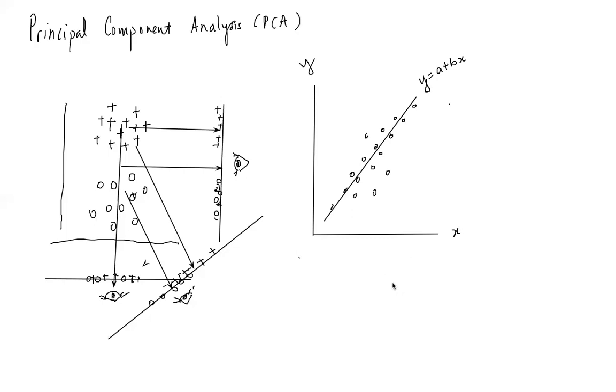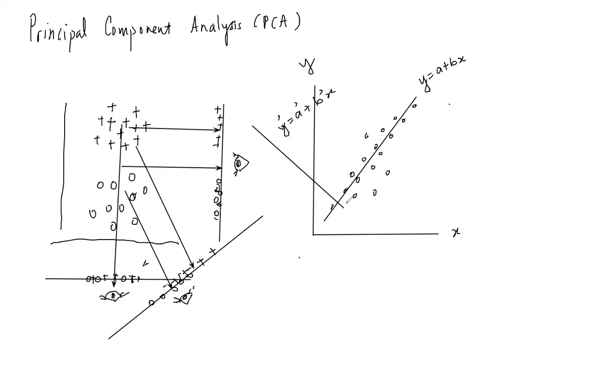Then you can also make another line that is perpendicular to this regression line. This line also has another equation: y prime equals a prime plus b prime x.